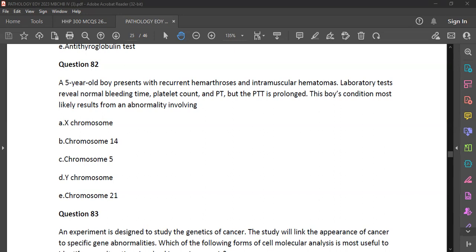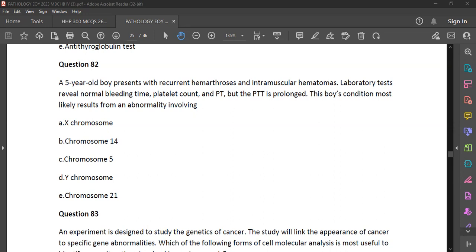So the most common way of inheritance of hemophilia is going to be X chromosomal inheritance. Yeah. Though we can also have an acquired type. But this one we are being given too many hints. It's a young boy, yeah.